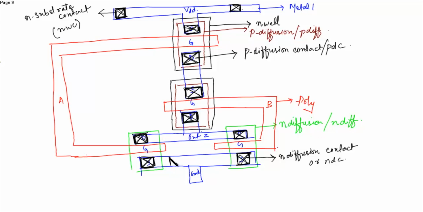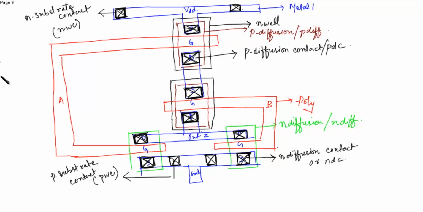Similarly over here in the ground layer, you need to place some more contacts. So this is the P substrate contact, or write it as PWC, the P well contact.